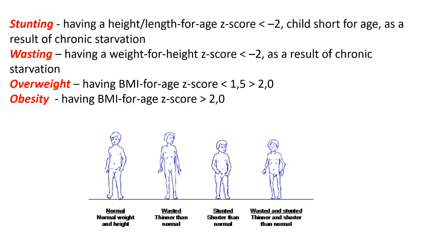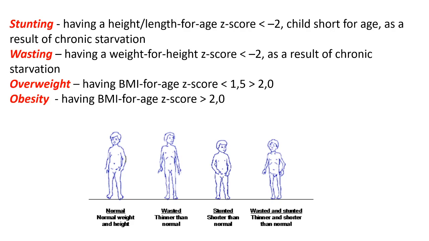When we are talking about stunting, we have to remember that stunting is a low height for age, so the z-score for this mark is less than -2. Wasting is a low weight for height, with a z-score weight for height less than -2.